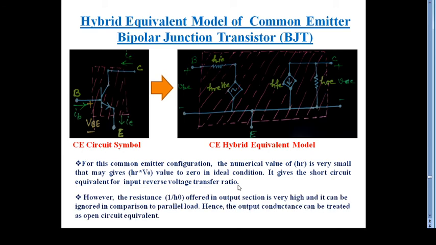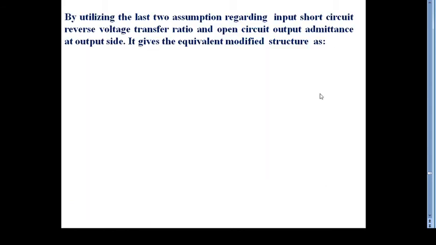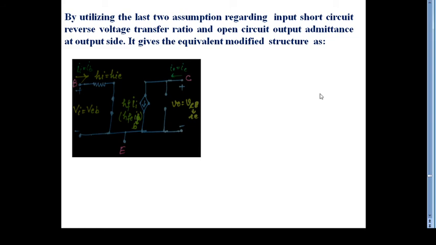However, the resistance 1 by H naught offered by the output section is very high and it can be ignored in comparison to the parallel load. So this one will be open circuited. Very simple. By utilizing these two assumptions, we have just sorted the HRE portion and open circuited the output impedance.